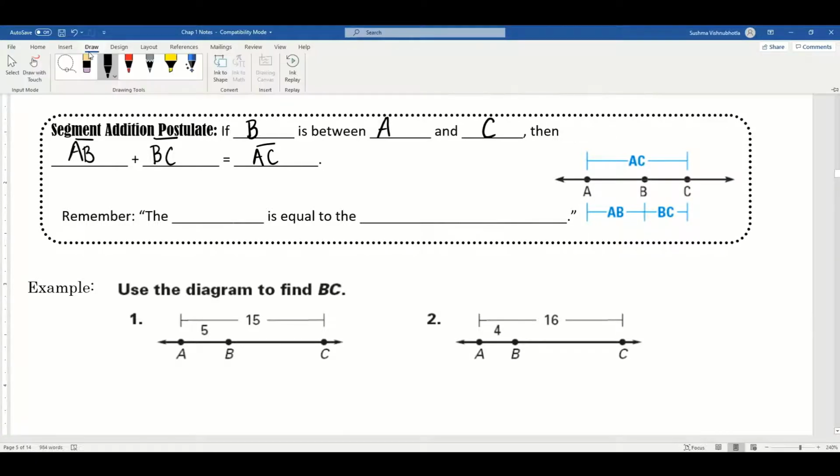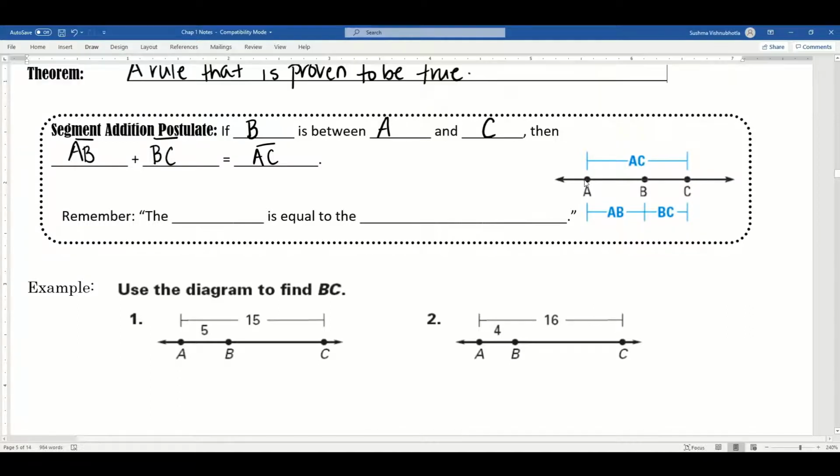So the segment addition postulate says that if you have a point in between 2 points, then the length of the entire segment can be broken up into the segments that make it up.